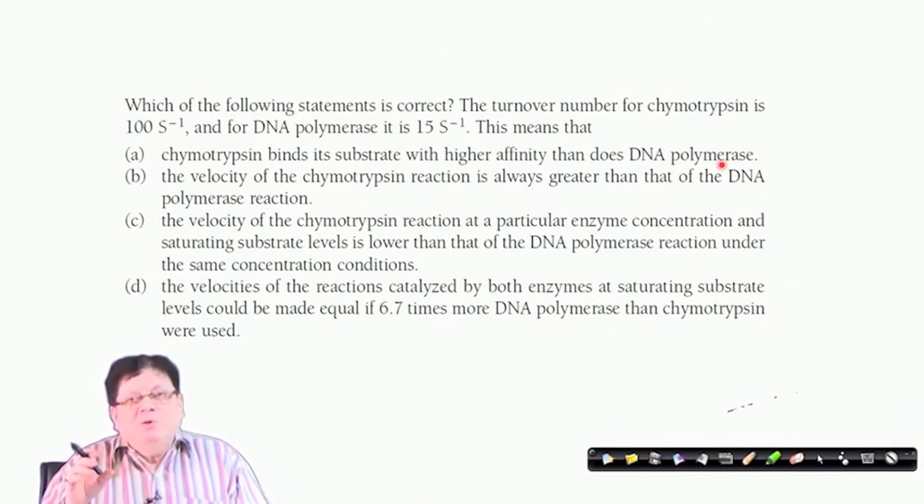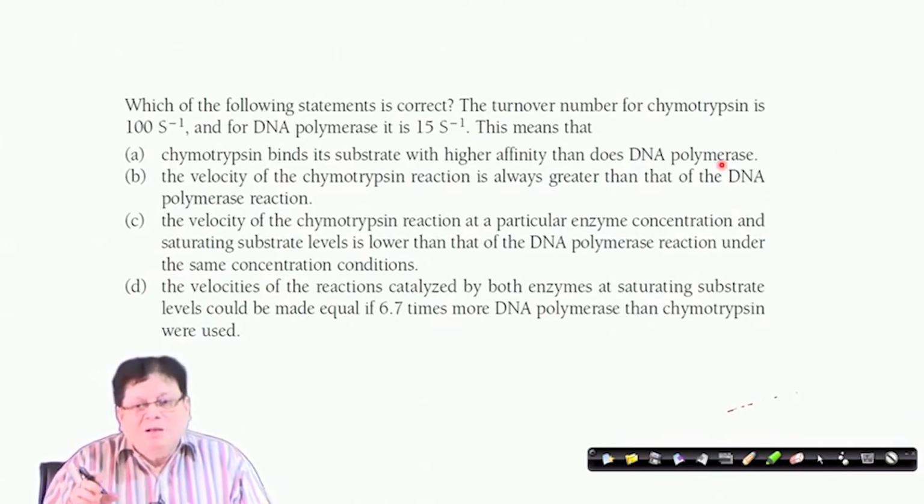If the Km value is low, that means the dissociation is low, the association will be more. So, in that case the binding affinity is more for the substrate. So, turnover number has nothing to do with the affinity for the substrate.